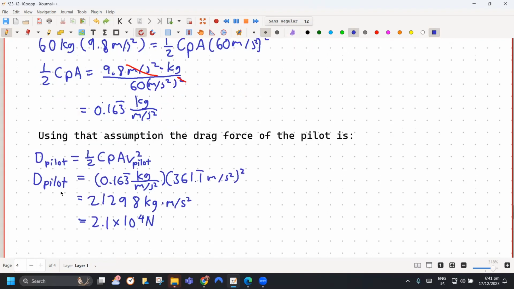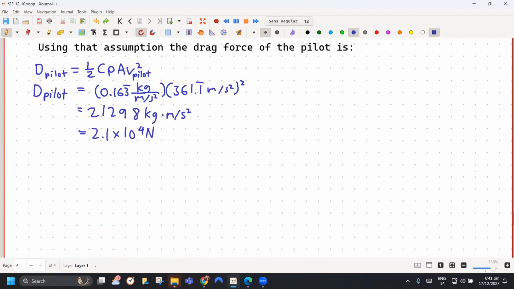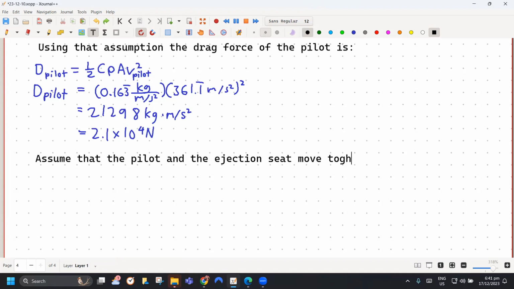Assume that the pilot and the ejection seat move together and behave like one mass, with total mass 2m, where m is the mass of the pilot. Our m is 60 kilograms.